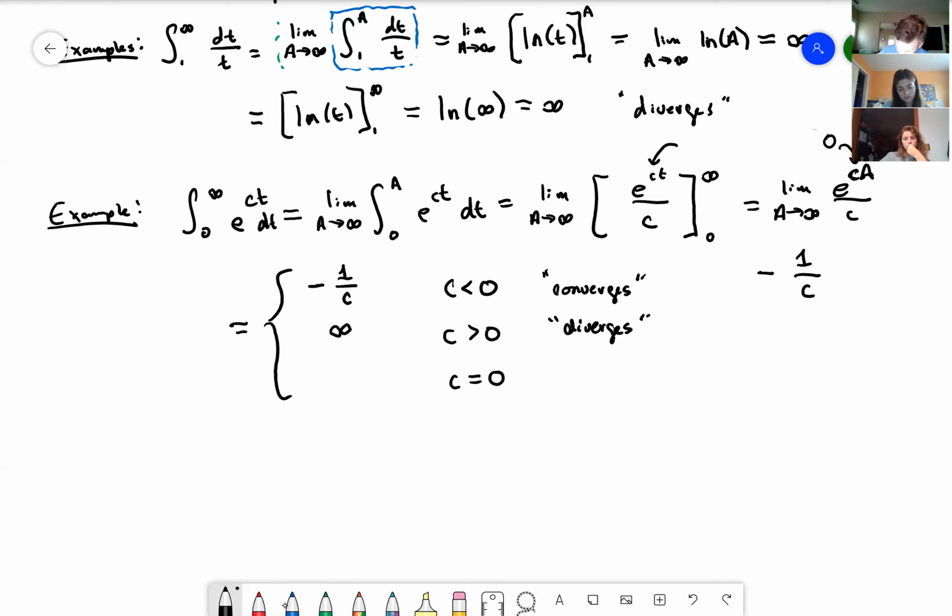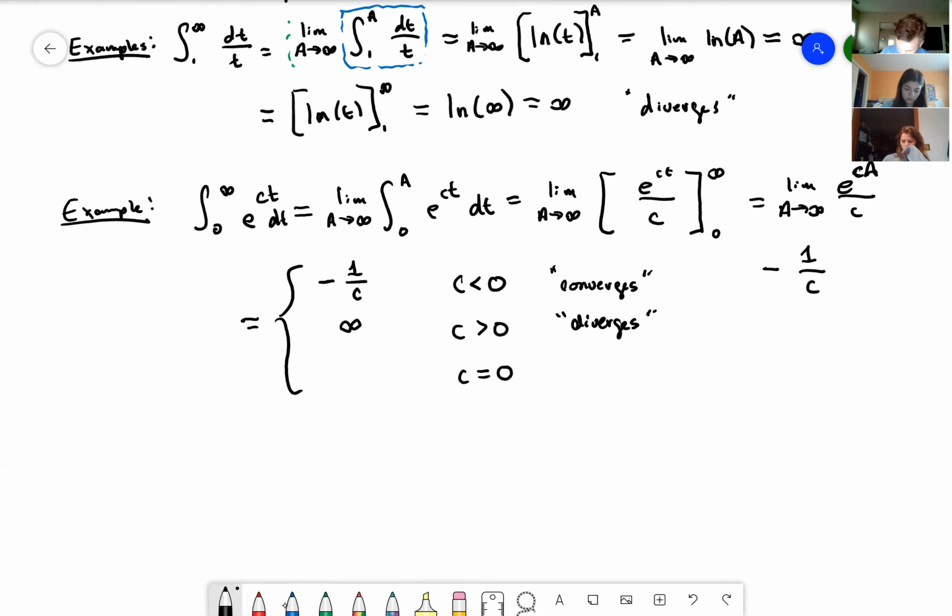Maybe there's another way to look. Oh, we have a problem. If c is equal to 0, then we have an equally large problem, which is that we're dividing by 0 in this integral. So we can't do the integral in this way.